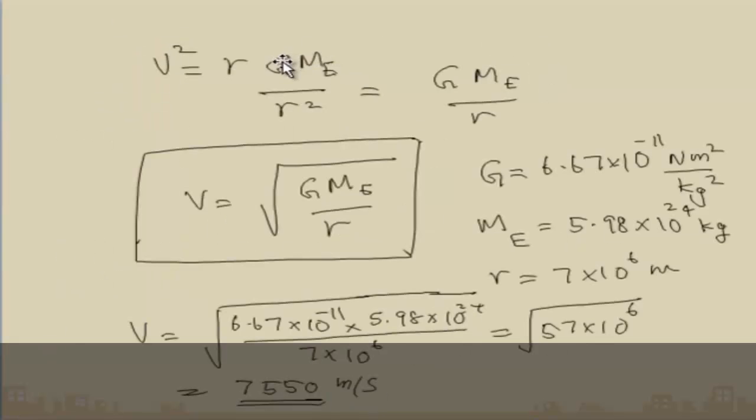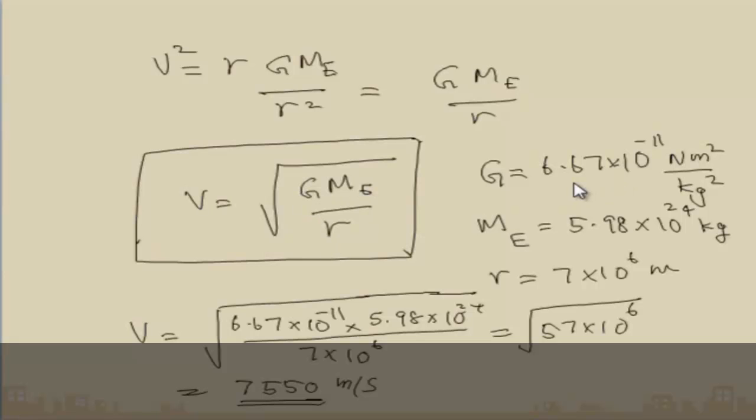By substituting the value of g, we get v squared equals r times G Me divided by r squared. So one r cancels here, and we get G Me over r. So v equals the square root of G Me over r.